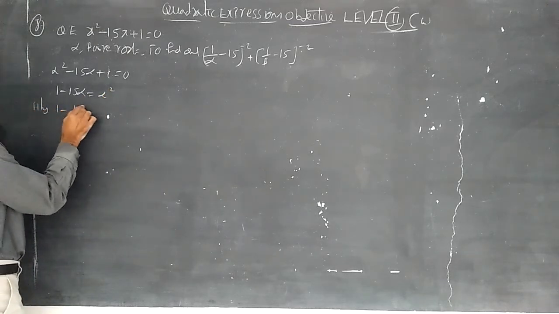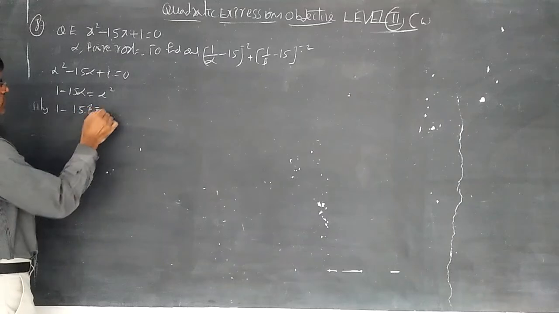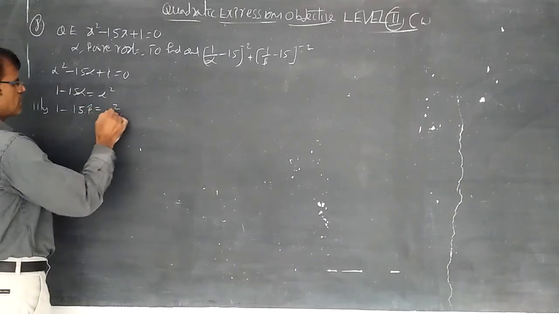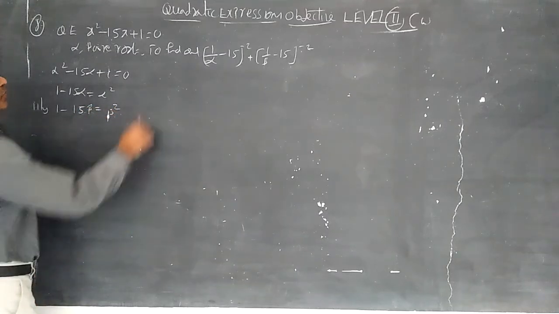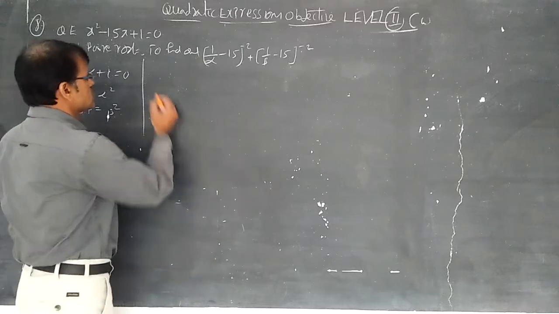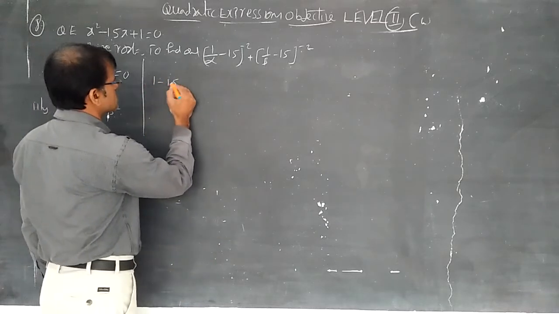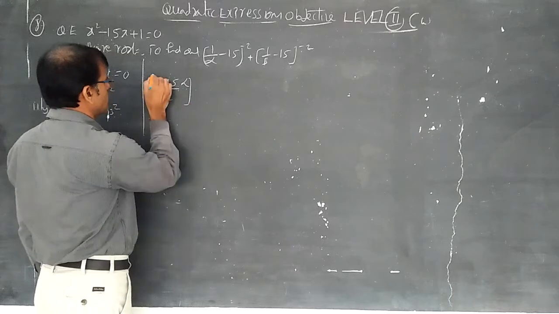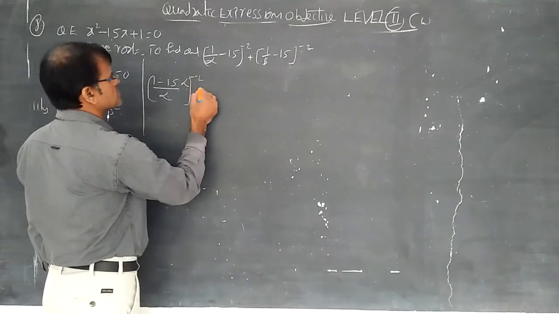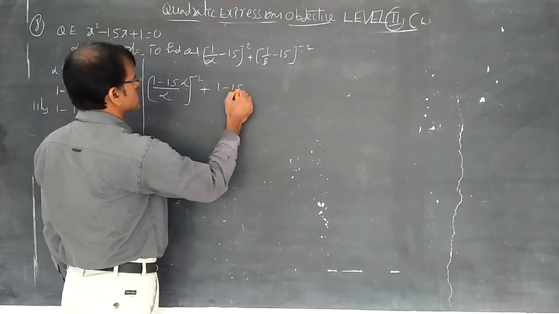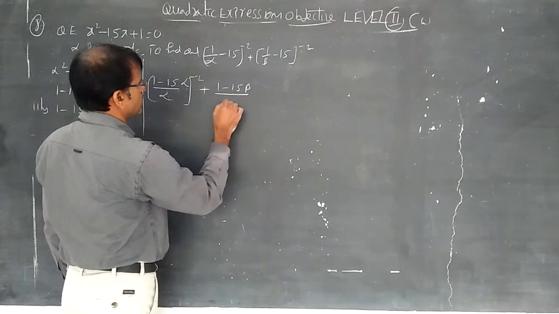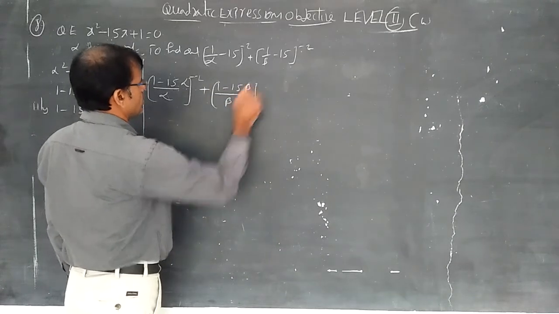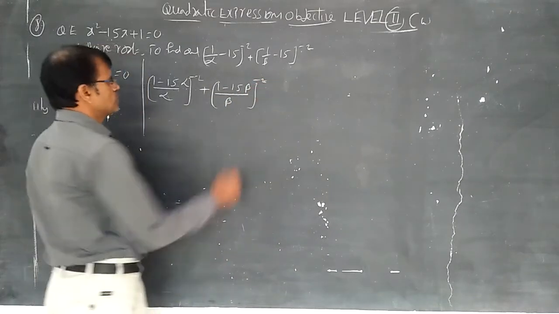Similarly, beta is also a root, so 1 minus 15 beta is also equal to beta square. Now take the LCM: (1 minus 15 alpha by alpha) whole power minus 2 plus (1 minus 15 beta by beta) whole power minus 2.